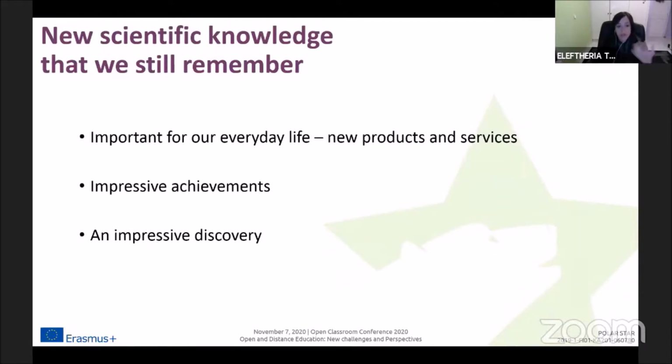If it's something impressive, so an impressive achievement or an impressive discovery. So this is the part where, if you think about it, you see a concept in action. We make use of a concept to produce something meaningful or to serve a need. So this is closer. It's like we're looking at a concept in action. So try to keep that in mind.